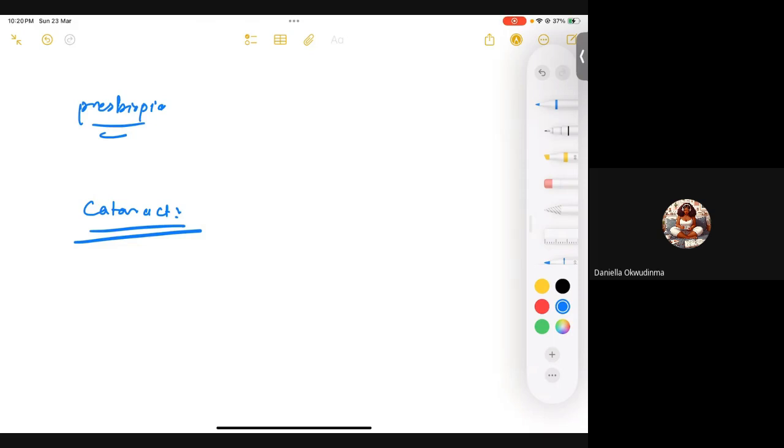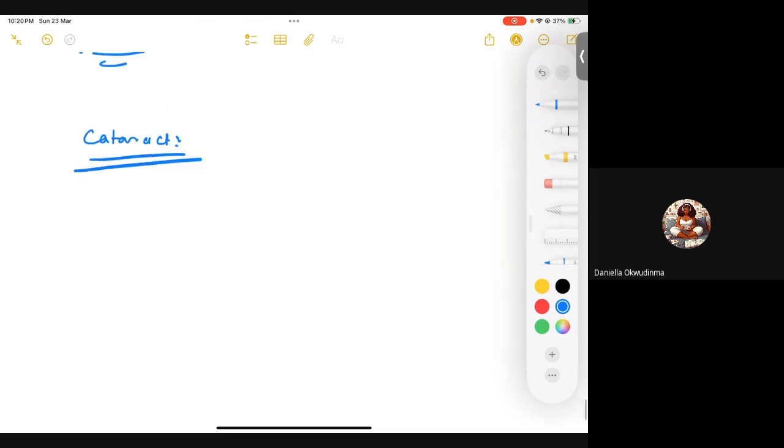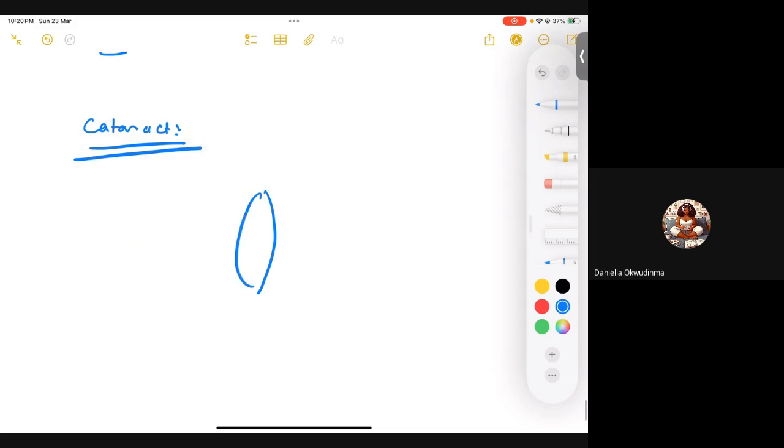It's very common in practice to give glucocorticoids, right? Why? Because it increases the chances of formation of cataract. For example, if this is your lens, remember, administration of glucocorticoids increases cataract formation, that is, opacification of your lens, right?